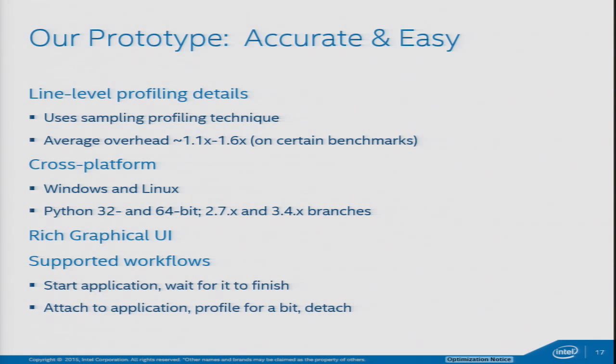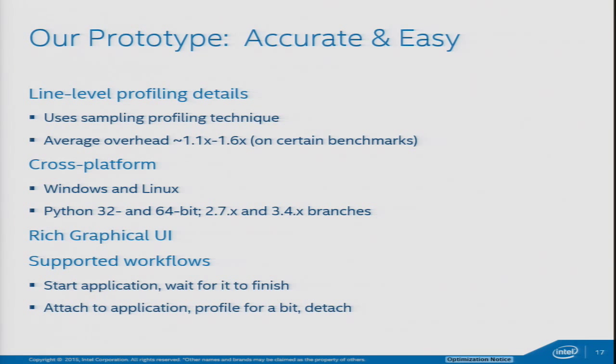So I've just skipped the slides with the screenshots. I think we showed something in the demo. So to summarize, the prototype has this line level information. It could show you which lines of Python code are taking time. And I measured the overhead on several benchmarks, including the Python Grunt Unified benchmark.